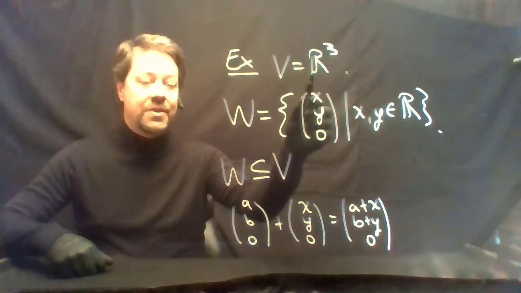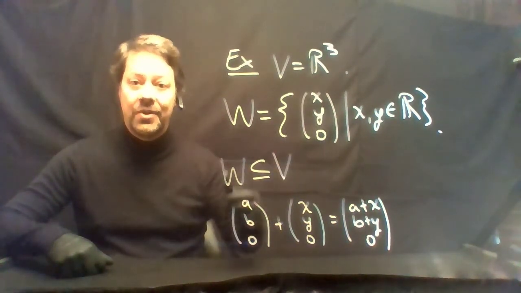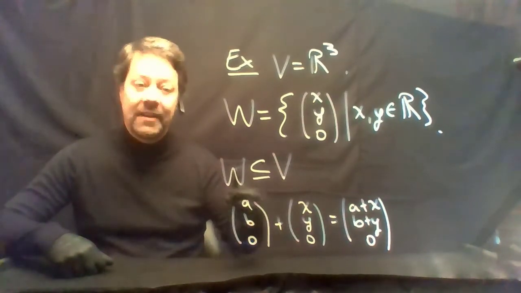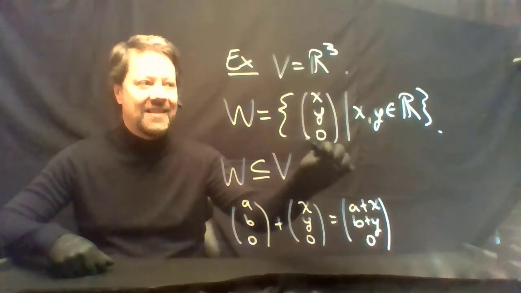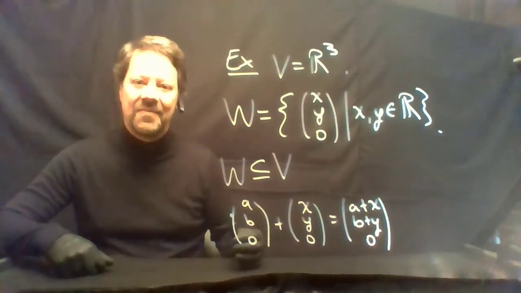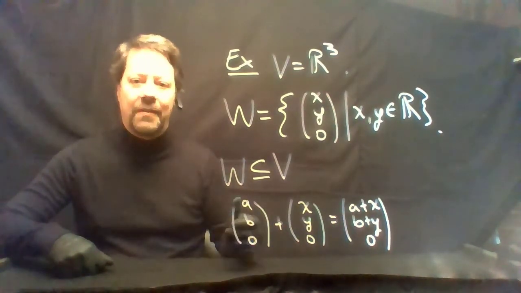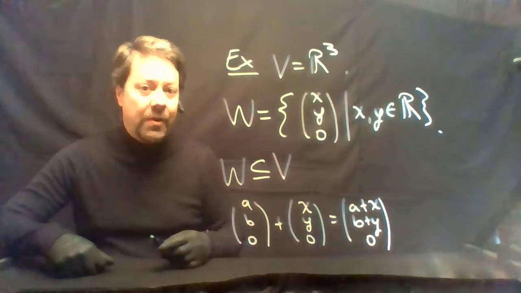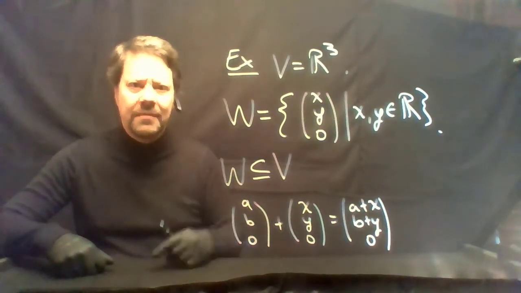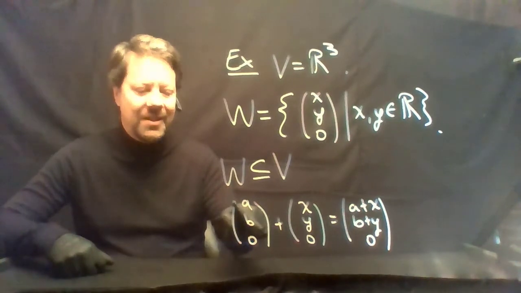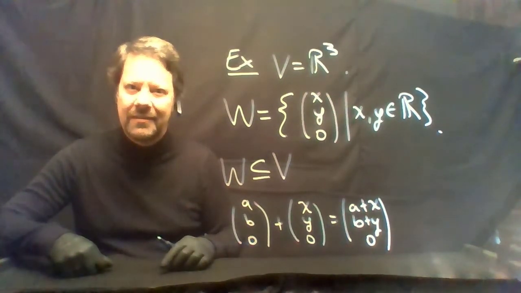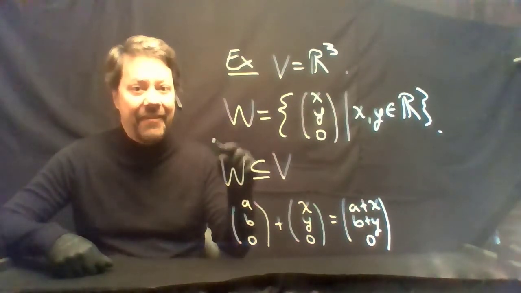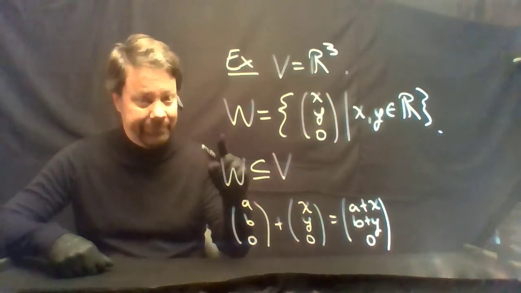Since the original set, R3, is associative and commutative under addition, this one will be too. We're using the same operations after all, and these lie in the other set. Most of the other properties will follow. The 4 you have to check are: is it closed under addition? Is it closed under scalar multiplication? Does it have a 0 vector?